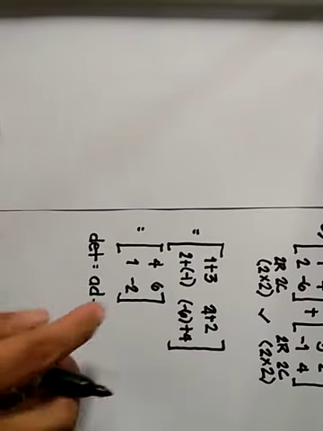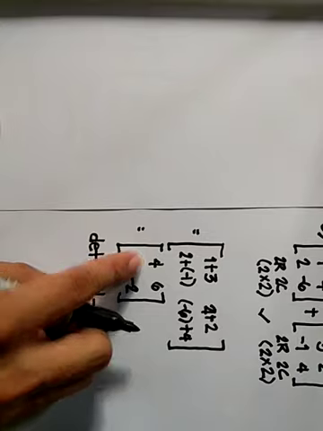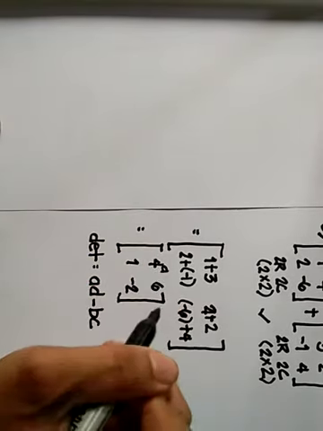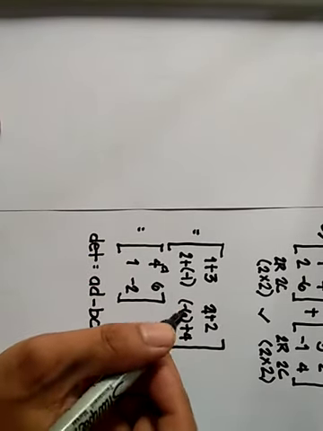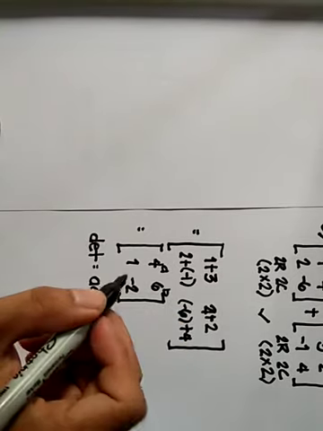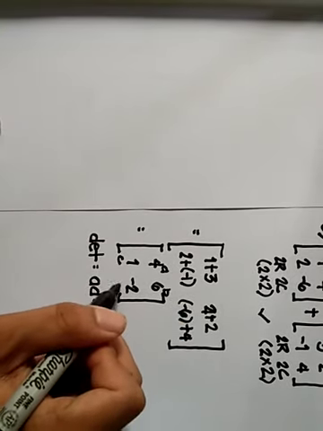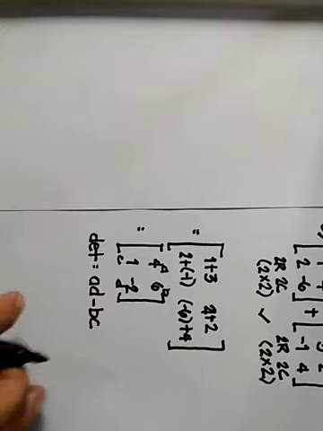So yung A natin is yung 4, yung B natin is yung 6, yung C natin is yung 1, and then yung D natin is negative 2.